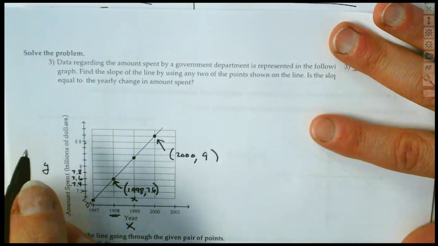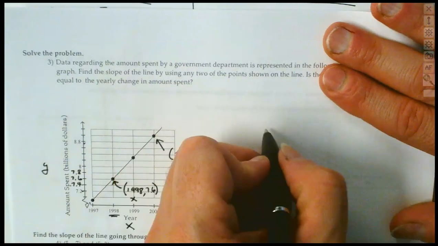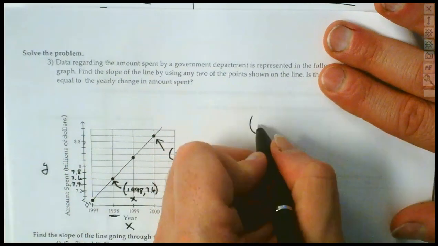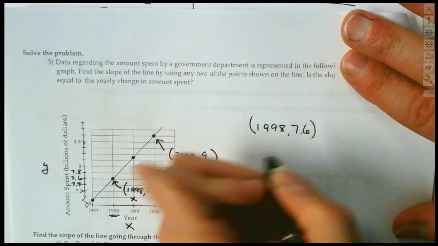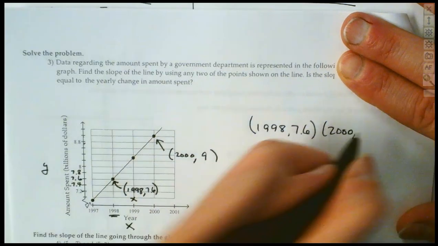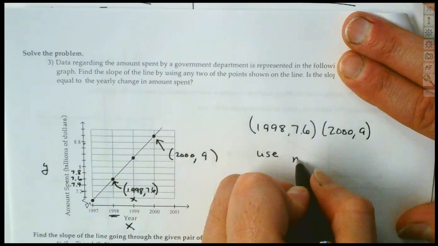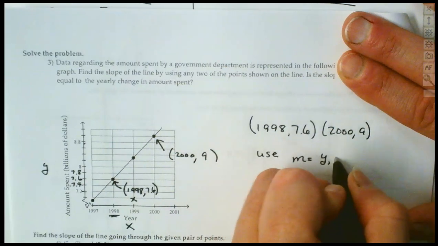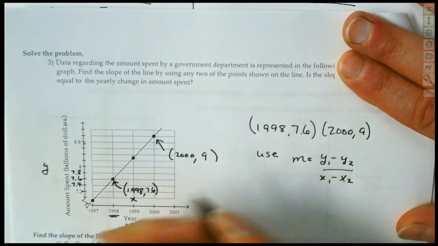So we want to find the slope. So we've got our 2 points. 1998, comma 7.6. And we've got 2,000, comma 9. I want you to use m equals y1 minus y2 over x1 minus x2.